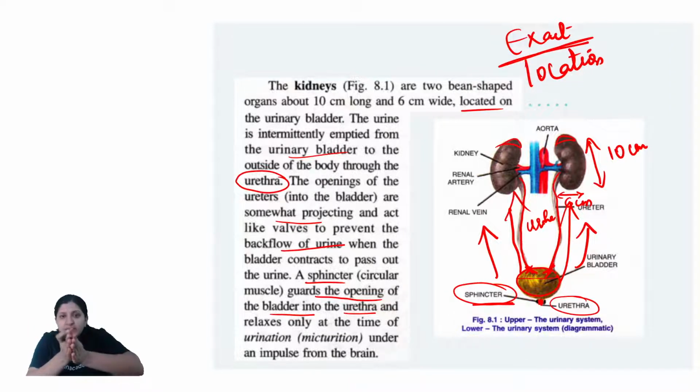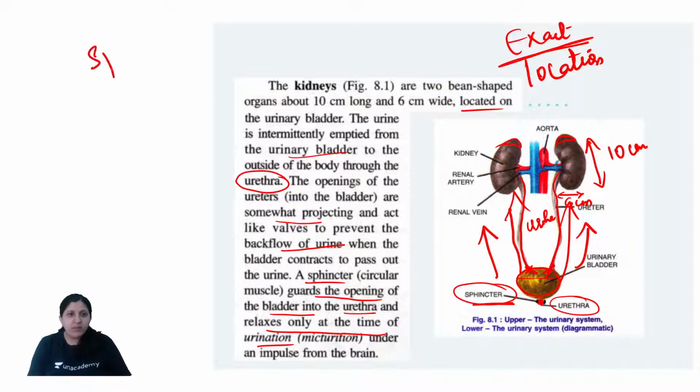If the sphincter muscle opens, then there is urination or micturition. If this muscle is getting closed, then there is no micturition or urination. It guards the opening of the bladder into the urethra and relaxes only at the time of urination.